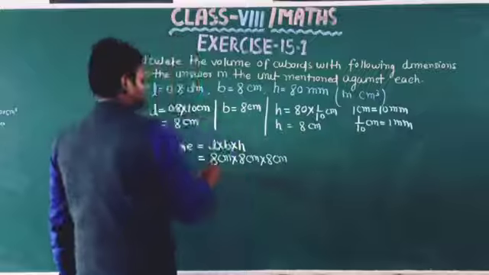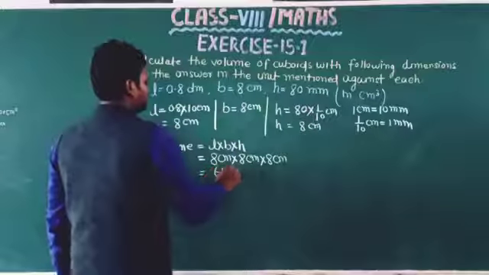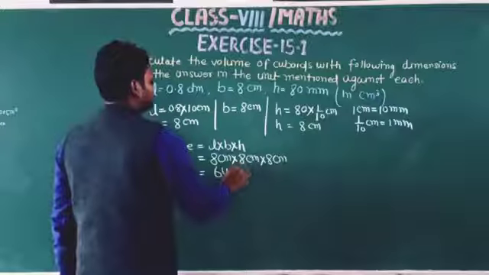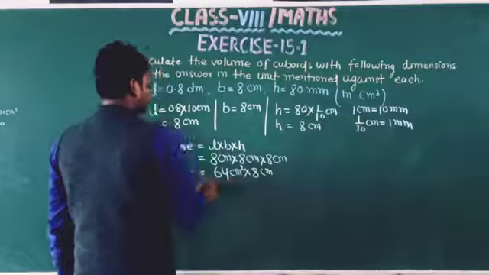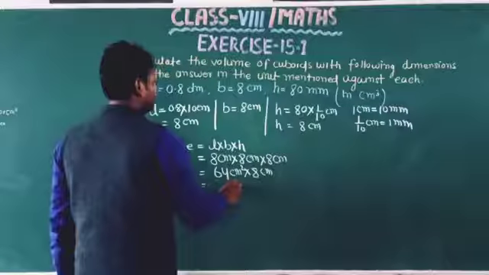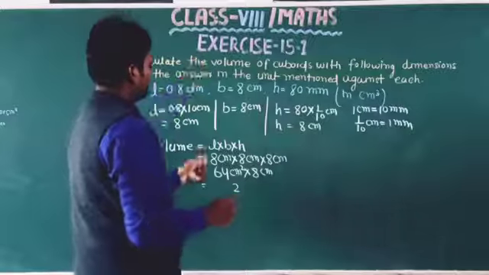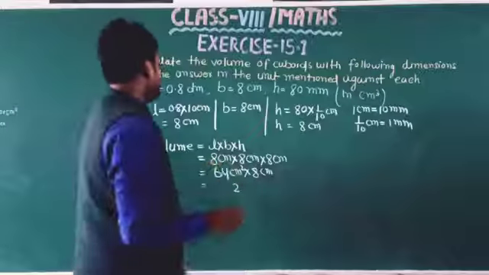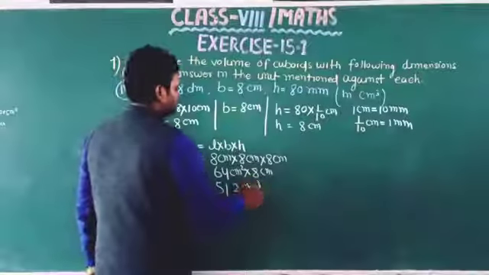Okay, so this is 64 centimeter square into 8 centimeter. 8 into 8 is 512 centimeter cube.